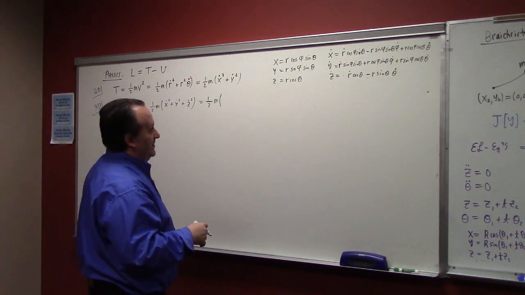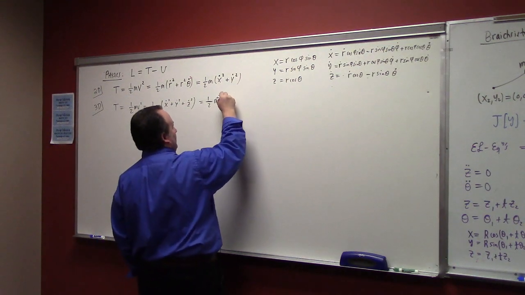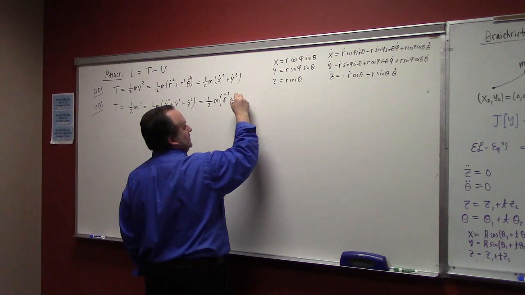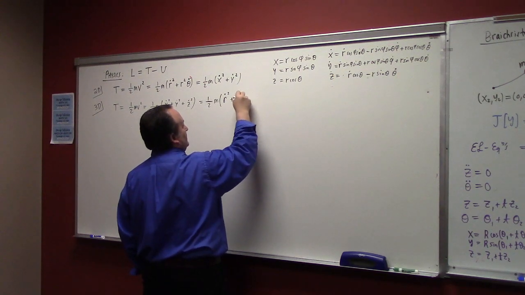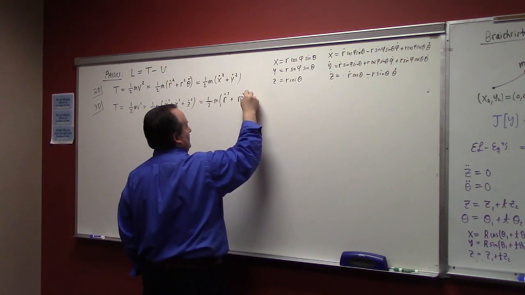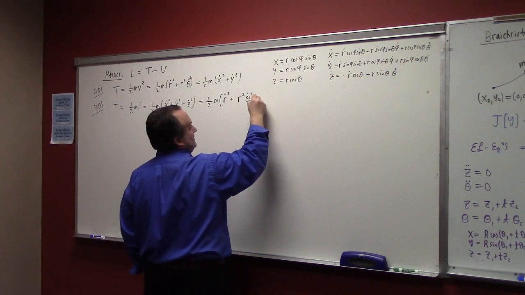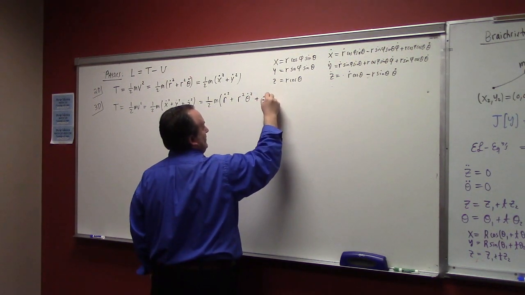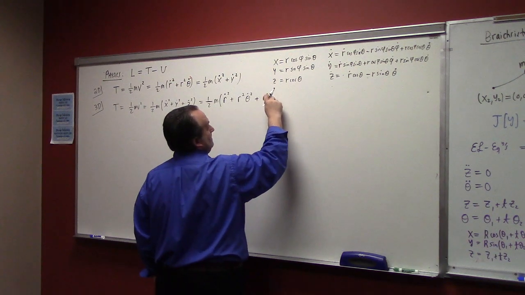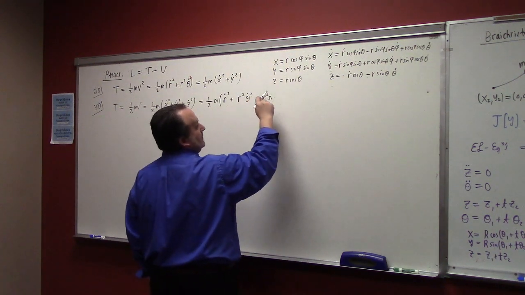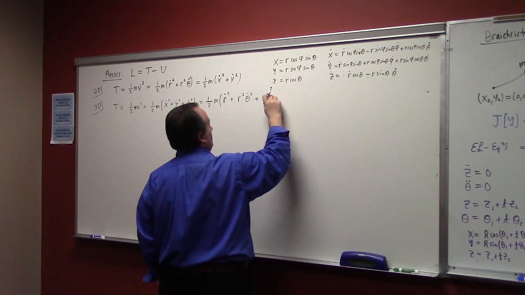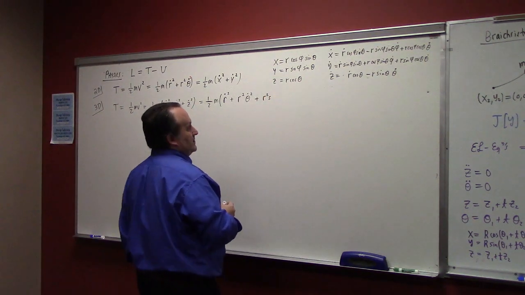Like you end up getting r dot squared plus r squared theta dot squared, and then plus, as it happens, r squared sine squared, I think it's sine squared theta. Let me think about this for a second.